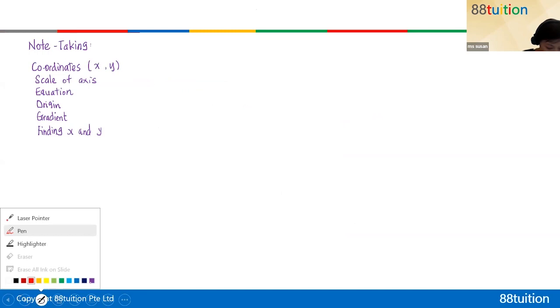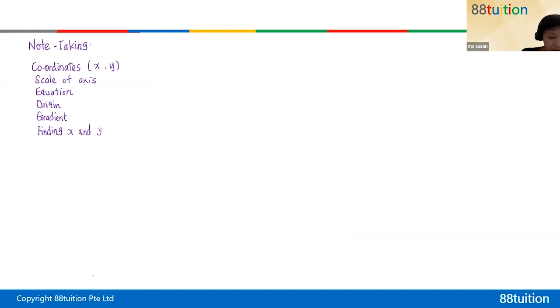Something here that I want to go through is to talk about the coordinates, how to read the scale, how to look at the equation, what the origin is, what the gradient is, and how to find the variables of x and y. In this topic, we have a very generic formula.